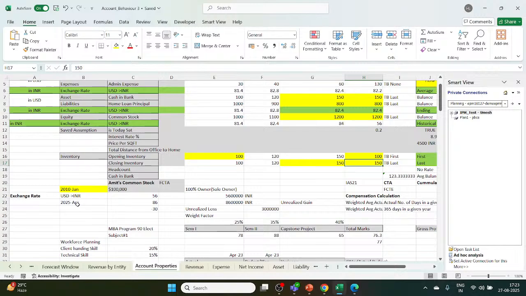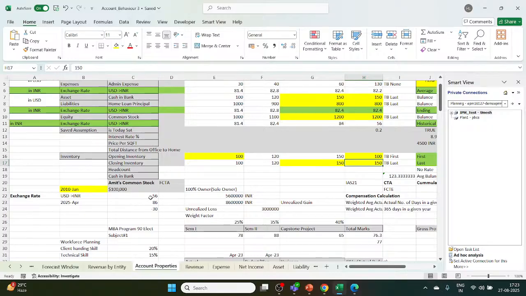And in 2025 we have sold our total holding. So here the exchange rate is 86 rupees. So the value of our $1 lakh would be 86 lakh rupees here.